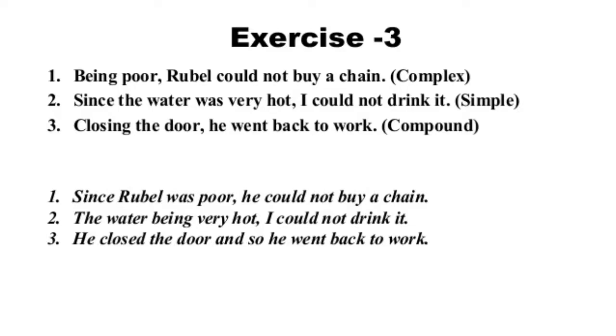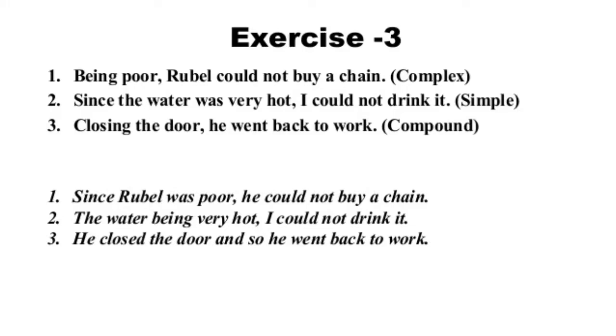That is also correct. The third sentence here: Closing the door, he went back to work. What kind of sentence is it, children? Yes, it is a simple sentence because we have verb plus ing form. So in rule 3, verb plus ing form is a simple sentence.